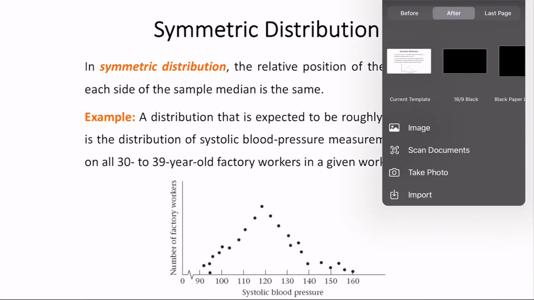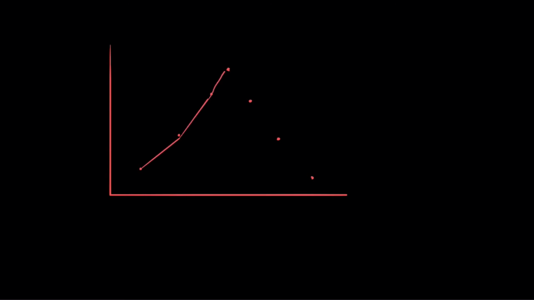So let's say you have data points somewhat like this. This is an example of a symmetric distribution.